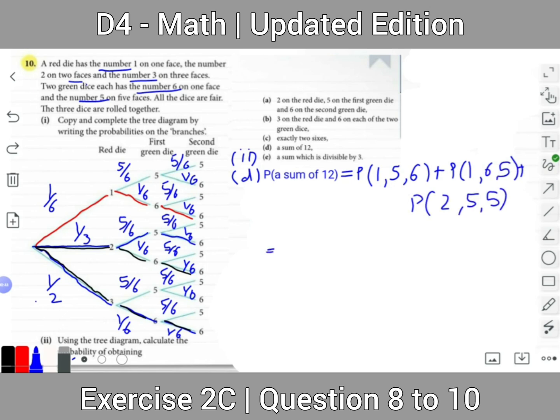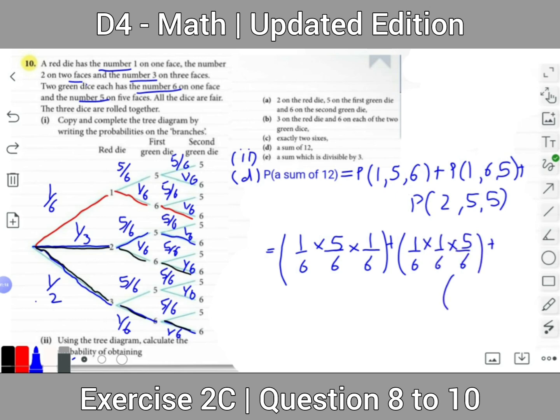Now from the tree diagram, by using the multiplication law of probabilities, for 1, 5 and 6 we have 1 over 6 multiplied by 5 over 6 multiplied by 1 over 6, plus for 165 again we have 1 over 6 multiplied by 1 over 6 multiplied by 5 over 6, plus for 255 we have 1 over 3 multiplied by 5 over 6 multiplied by 5 over 6.